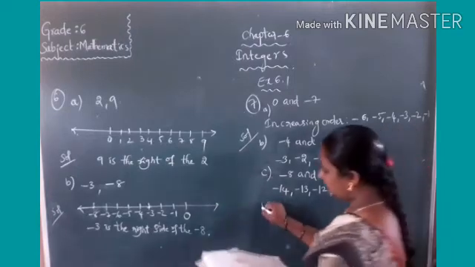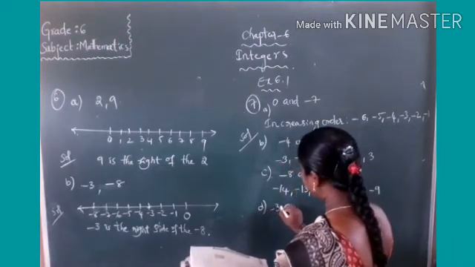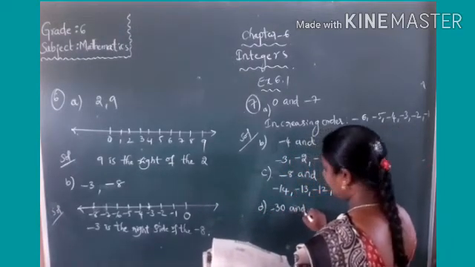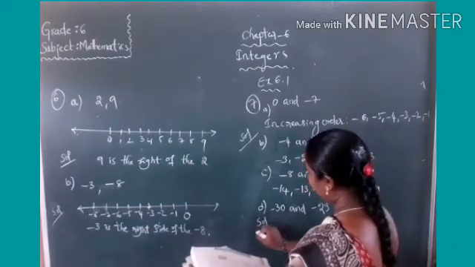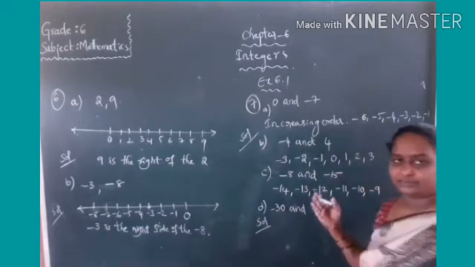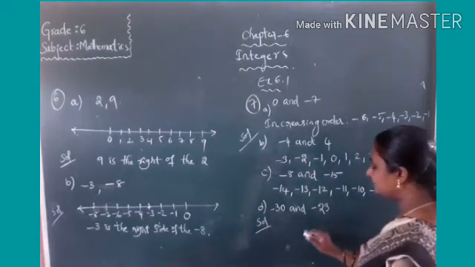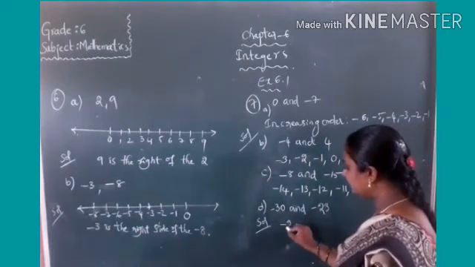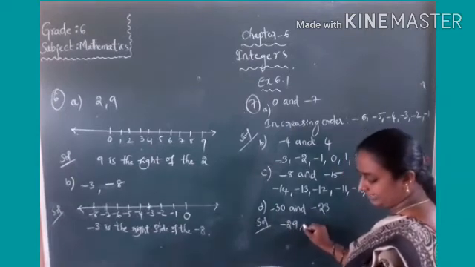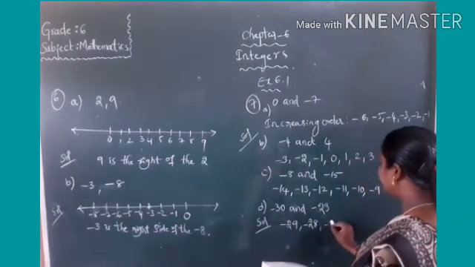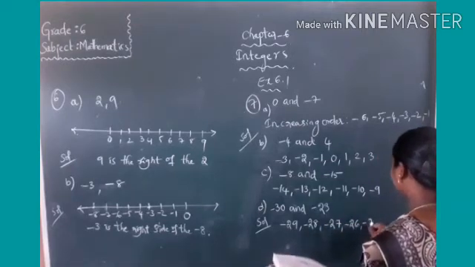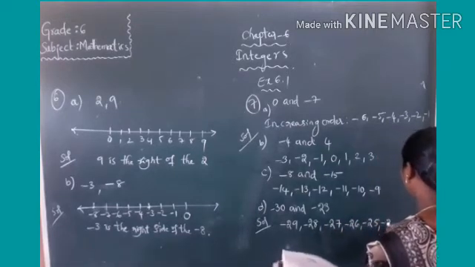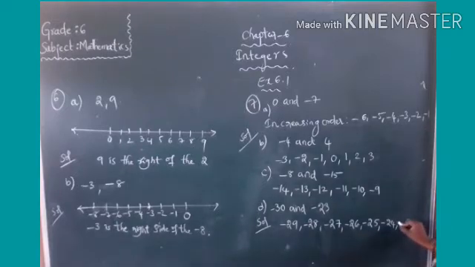Right. Next, D: minus 30 and minus 23, in increasing order. That is minus 29, minus 28, minus 27, minus 26, minus 25, minus 24.